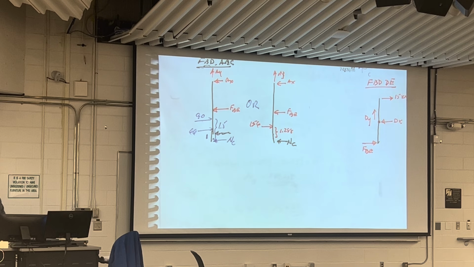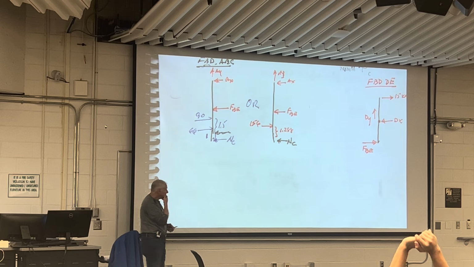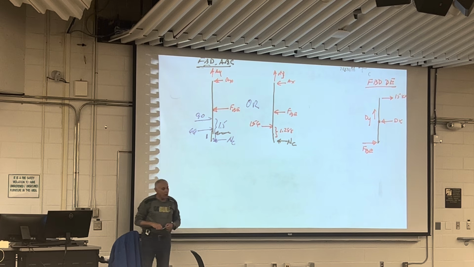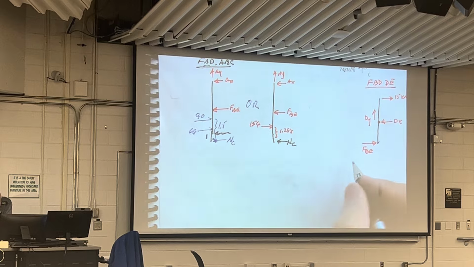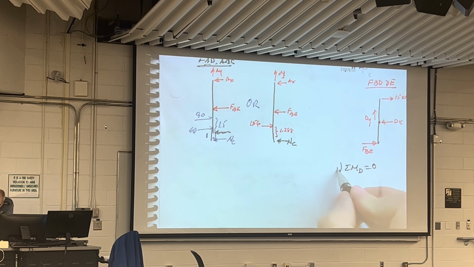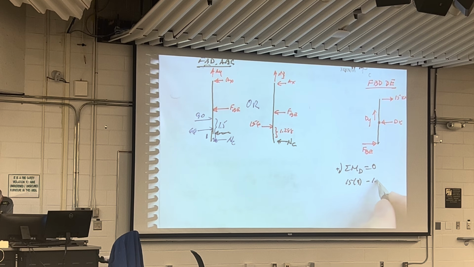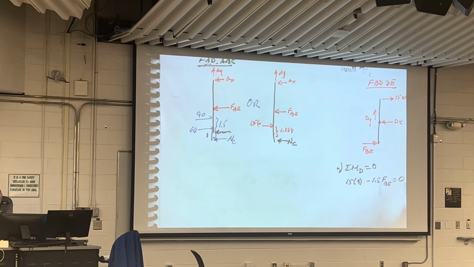And now, where do you want to start writing equations? I'm going to do DE because it's got 1, 2, 3 unknowns. Perfect. I'm going to do a sum moments about D equals 0, clockwise positive, 15 times 3 minus 1.5 times FBE equals 0.